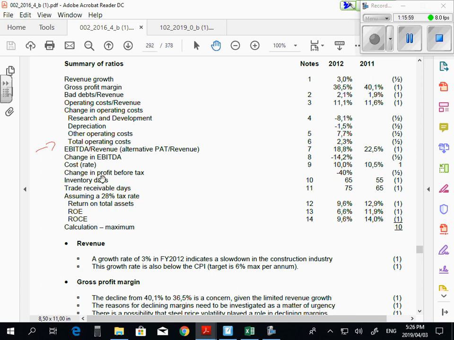Cost rate. Let's just do inventory days, trade receivables. Will you have a look at just your asset management now? Think about what you're going to put down for asset management. Did the question say anything about inventory?